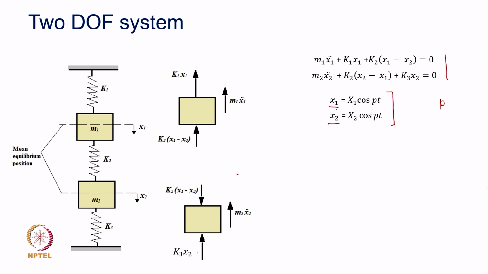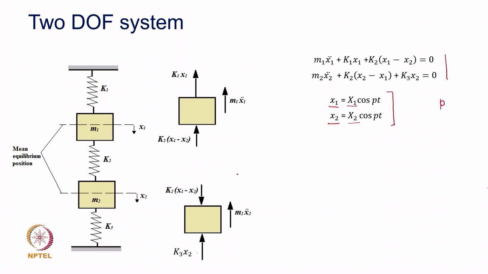Now, the two masses could move with different amplitude values. So X1 and X2 are the two amplitudes of motion for mass m1 and mass m2, but their frequency of oscillation is assumed the same, and it is possible that such motion exists wherein the two move with the same frequency.